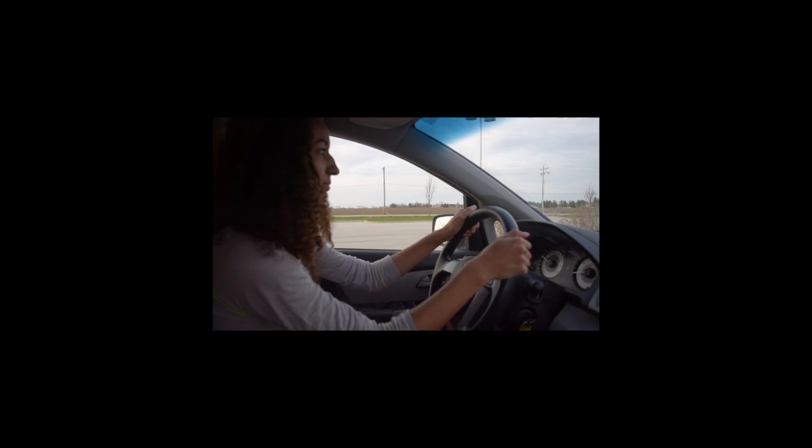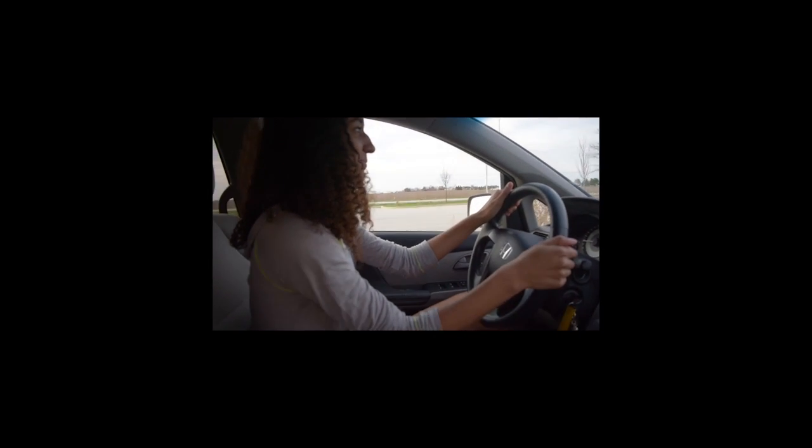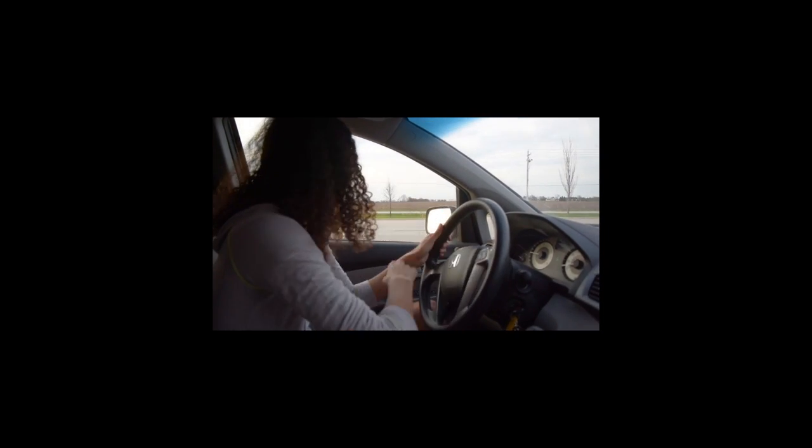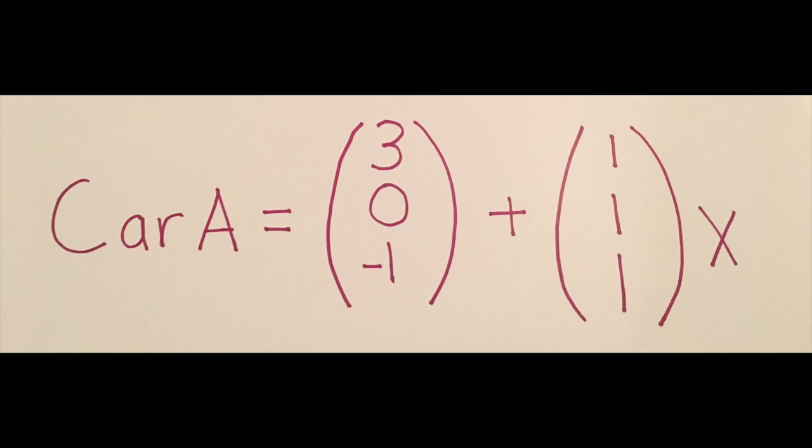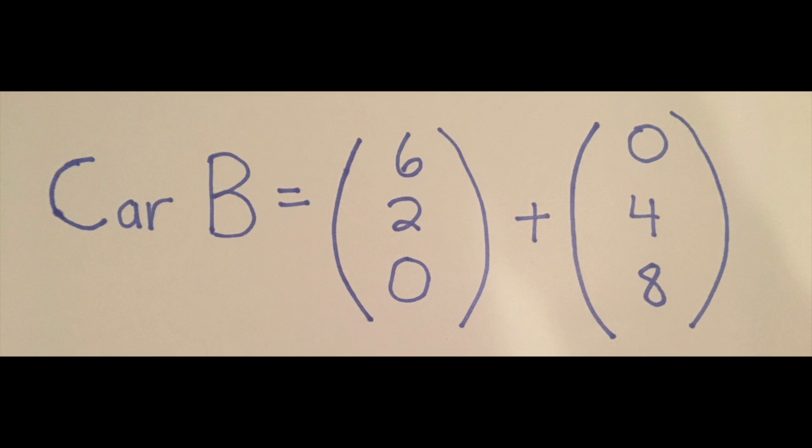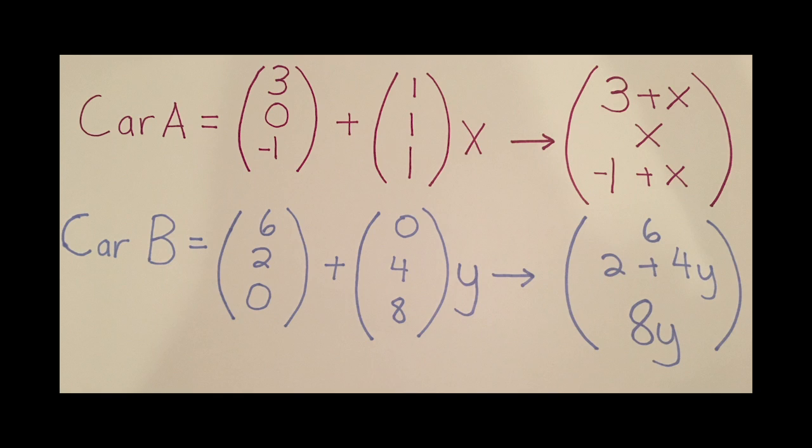You can even use vectors to help you determine whether two cars will crash. Let's say you have car A and then you have car B going along this vector line. What you can do is first combine each vector line separately.